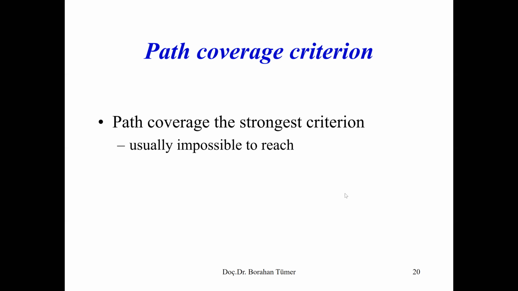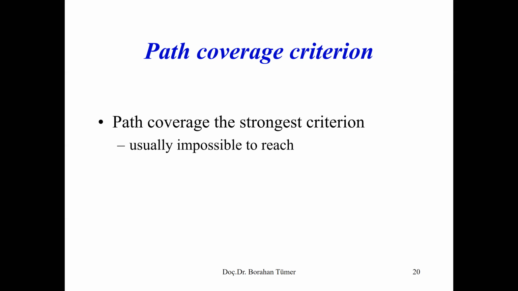Now, I would like to ask you a question. If you can see what is going on here, that means you perfectly understand the whole thing. What is the difference between the multi-condition coverage criterion and path coverage criterion?